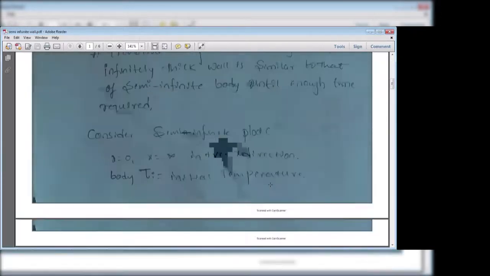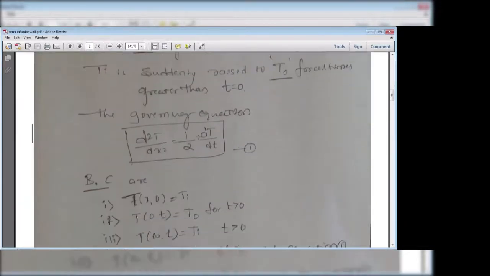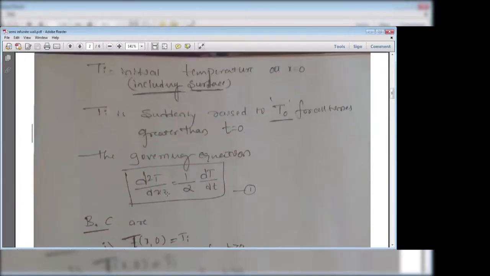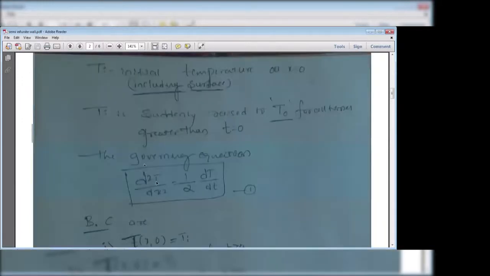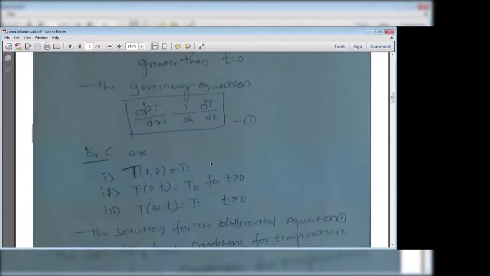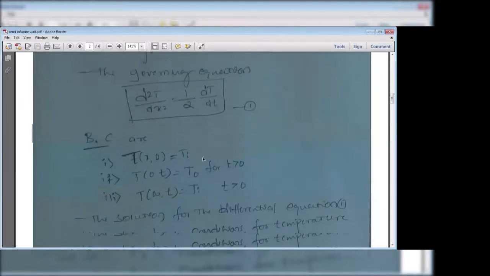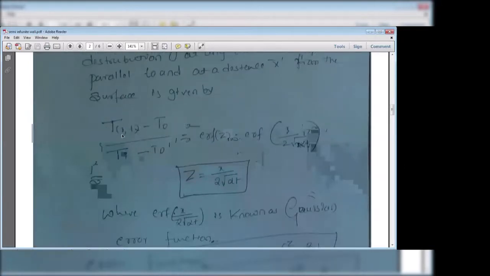So the governing equation is d square T divided by dx square equals 1 upon alpha times dT by dt. This is the boundary condition. You have to substitute the boundary conditions into this to get the final equation: T(x,t) minus T infinity, divided by Ti minus T infinity, is equal to erf z.